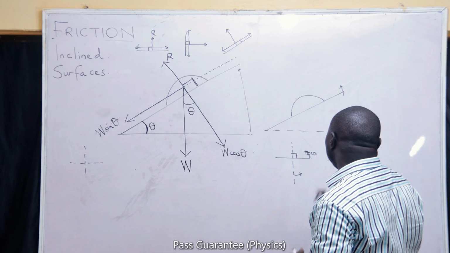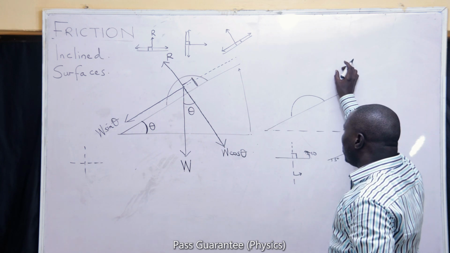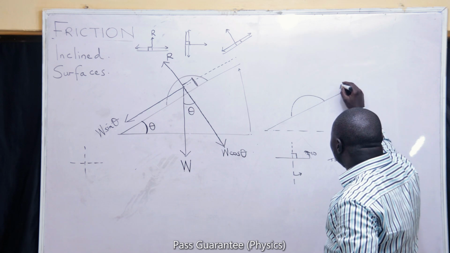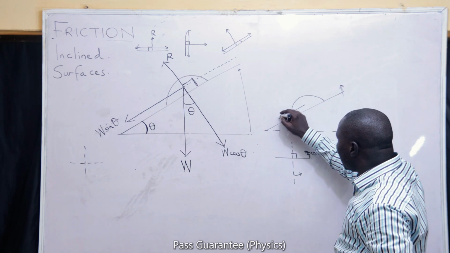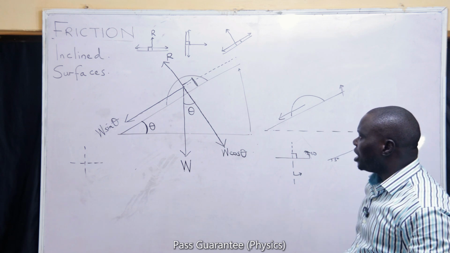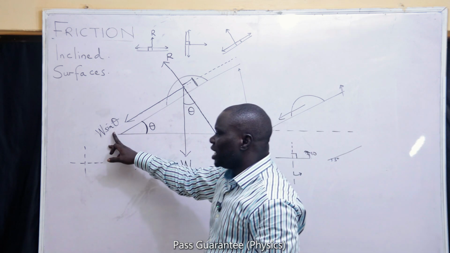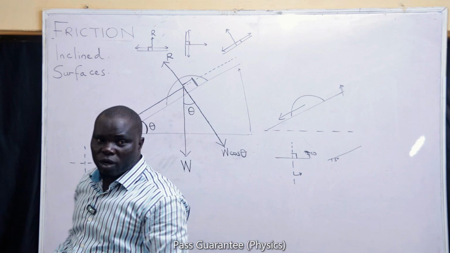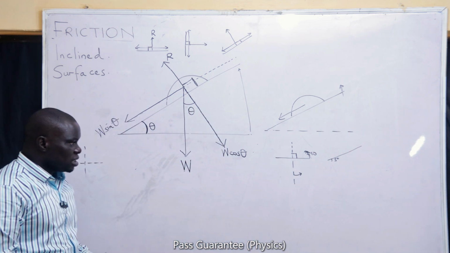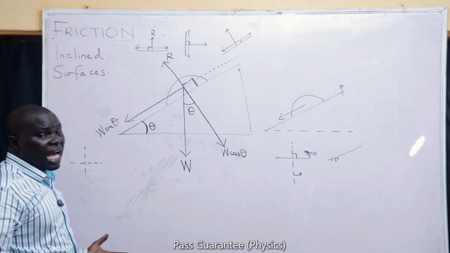So now, the question as to what force is responsible for a falling object. I was saying that when you raise the angle of inclination by moving this plane up, you will get to a point where this object will naturally slide down. And I ask, what force is responsible for it sliding down? We can instantly see that that force is W sin theta, the component of the weight along the plane. There are questions that will just ask you to find the component of the weight along the plane.